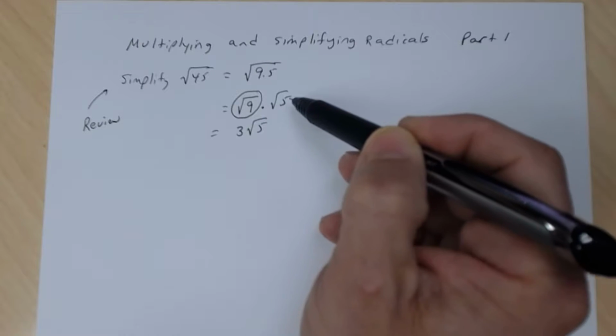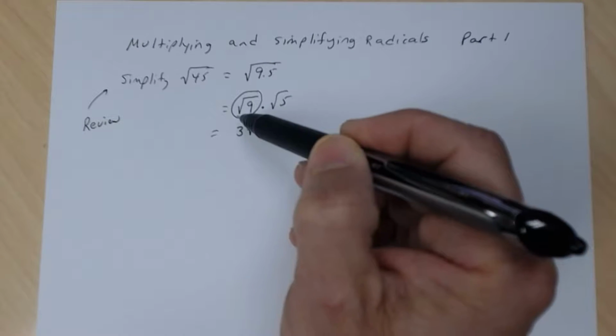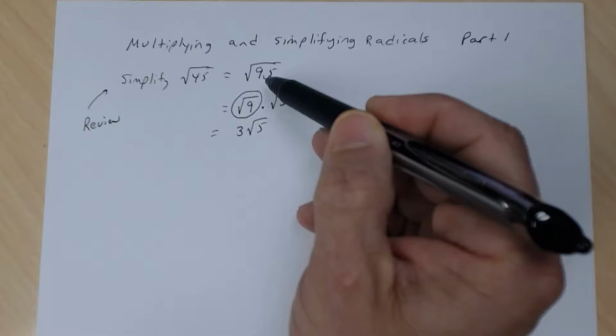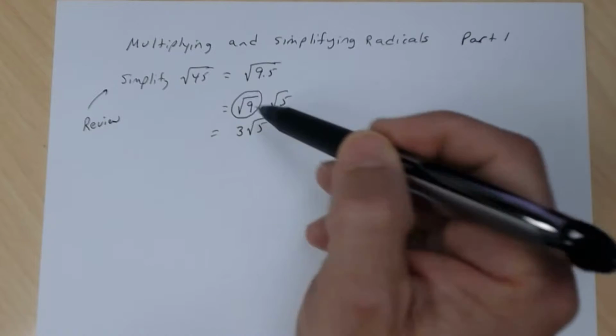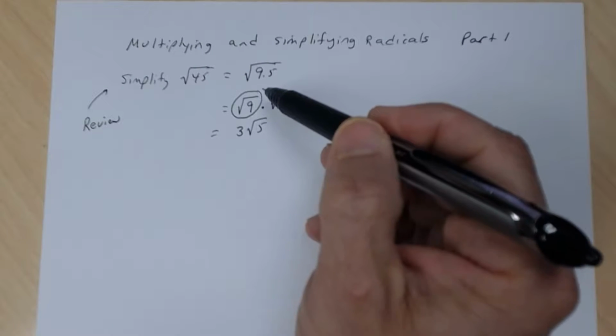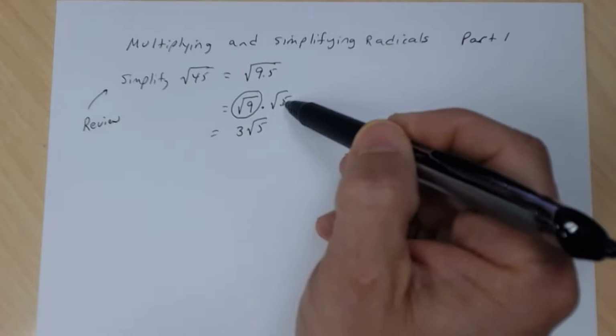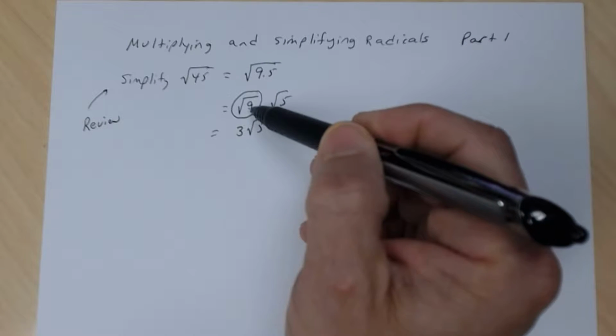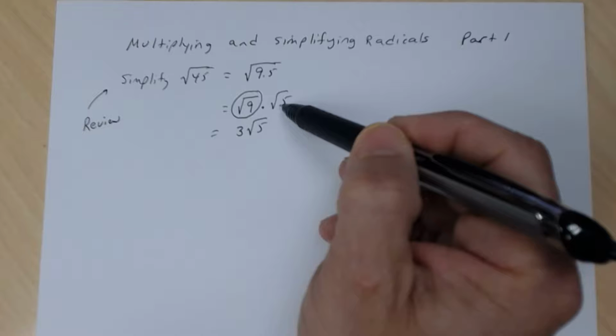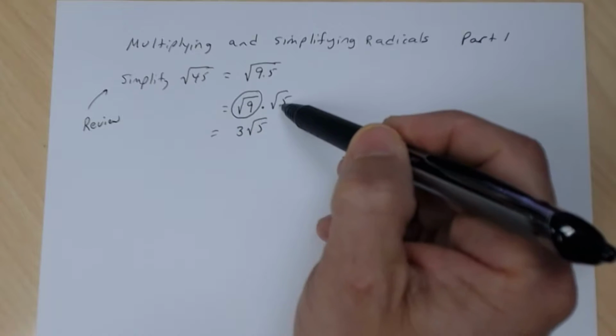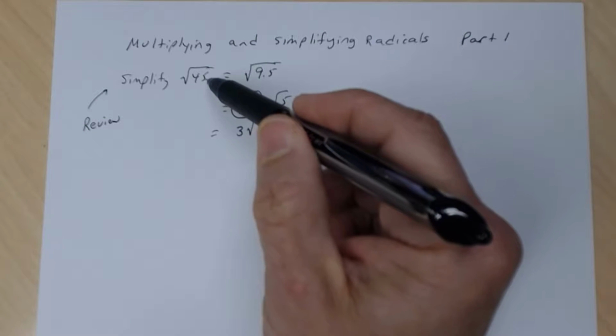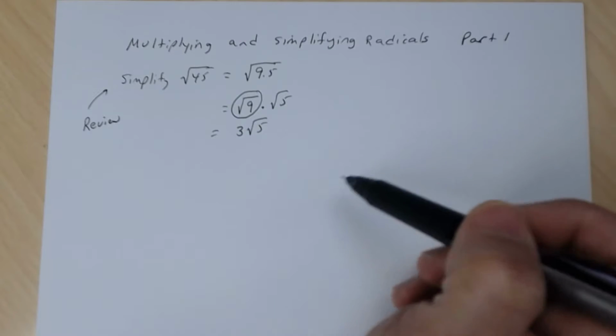The radicand is 9. The radicand is 5. So 9 times 5 is right here, 9 times 5, which is 45. So in this lesson, you're going to use this idea here, that the square root of 9 times the square root of 5, I can write as the square root of 45. Okay? So that's what we're going to use in this new lesson.